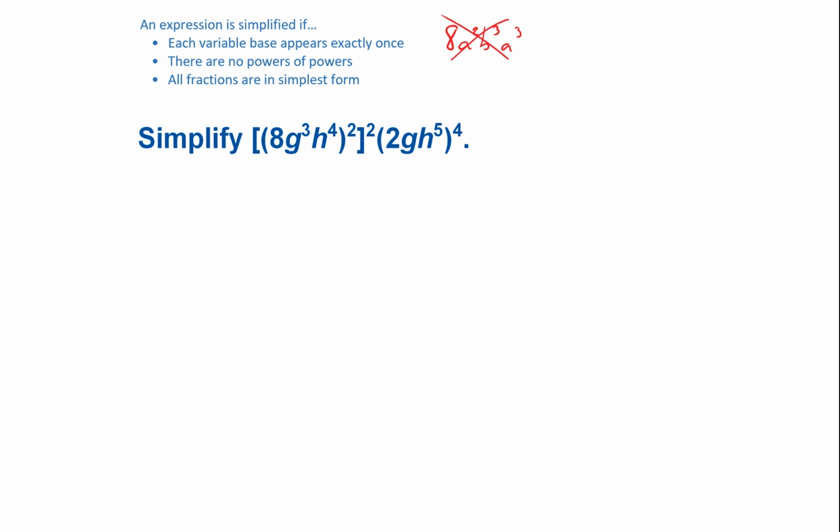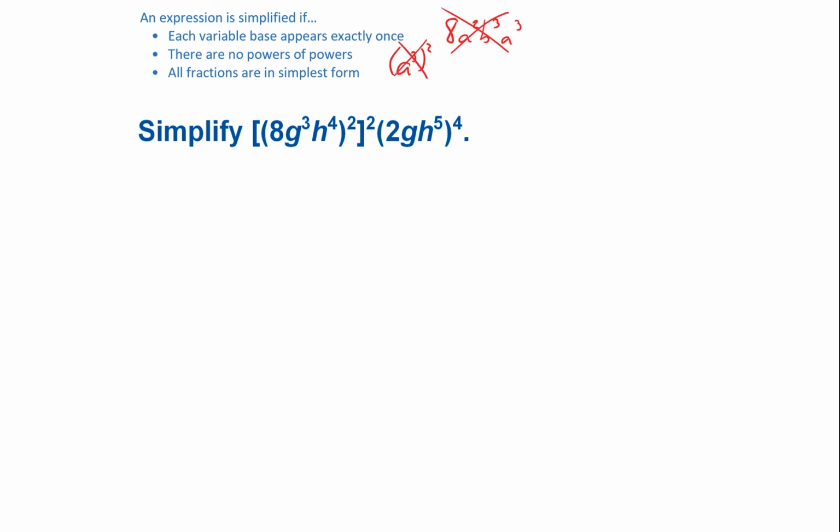There are no powers of powers. If I have a cubed squared, that's not simplified because I should take that power to the power. All fractions are in simplest form. If I have 2/4 a squared, I should write that as 1/2 a squared. If all 3 of those are fulfilled in these exponent problems, your expression is simplified.